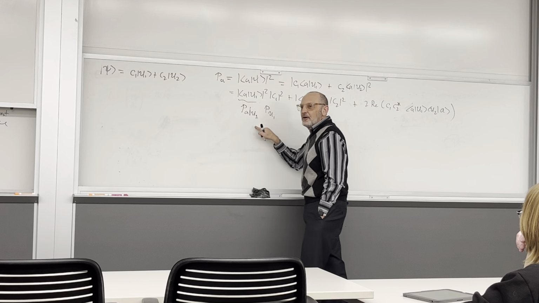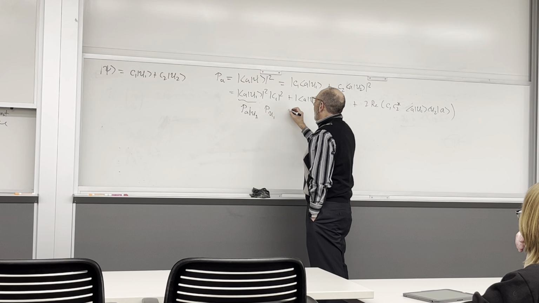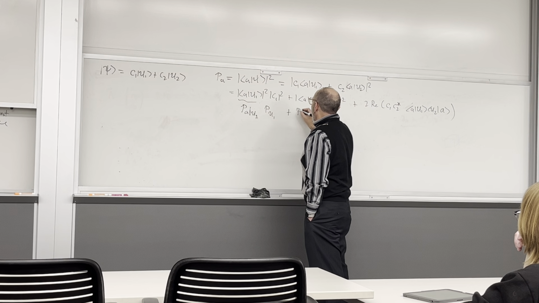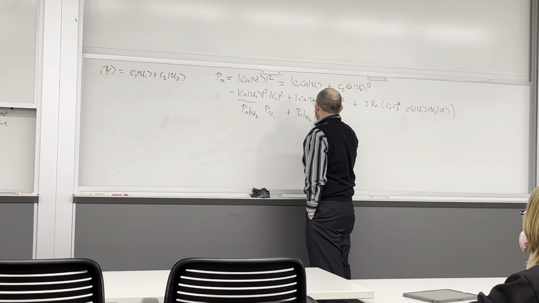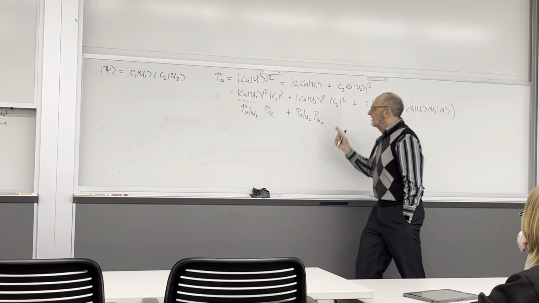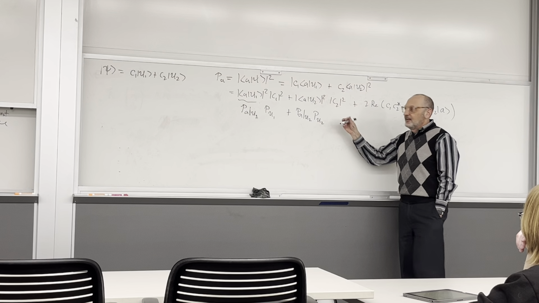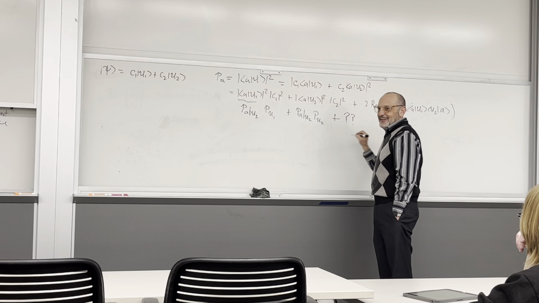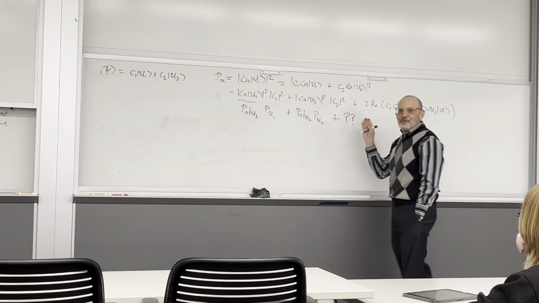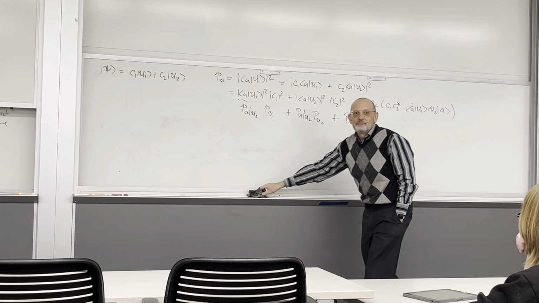This is a conditional probability. Plus the probability of getting A given that the state was U2 times the probability that it was in U2, which is this amplitude squared, plus something that isn't the probability of anything, but is the interference term.